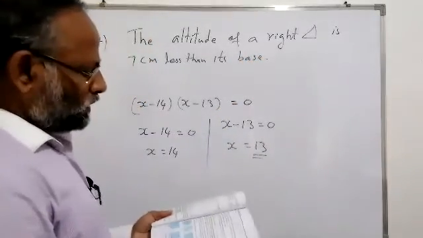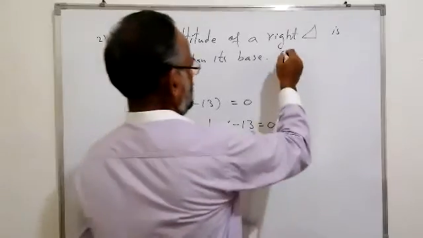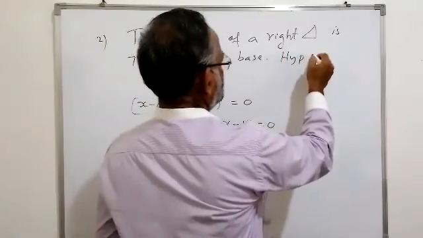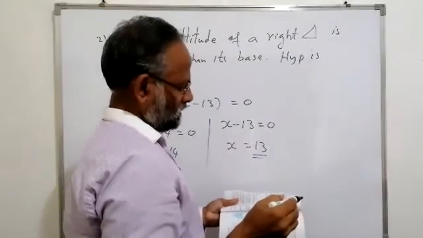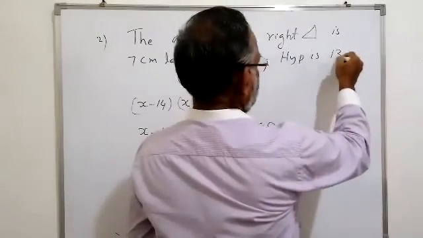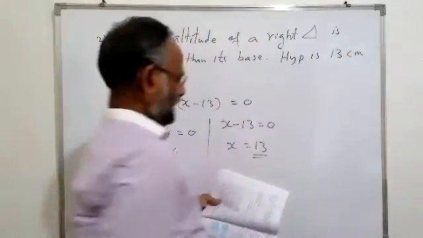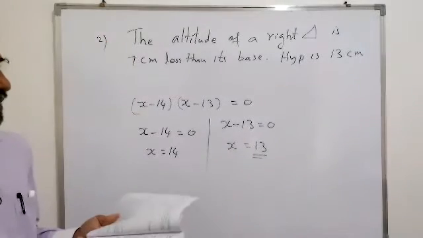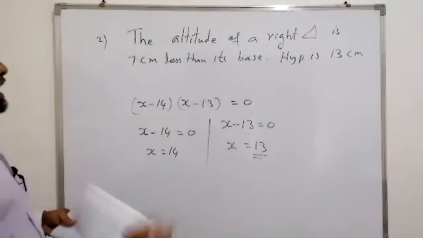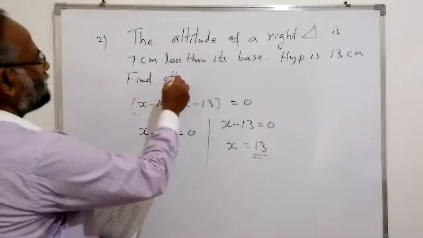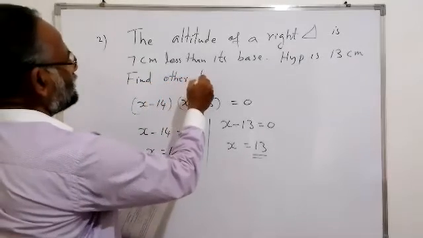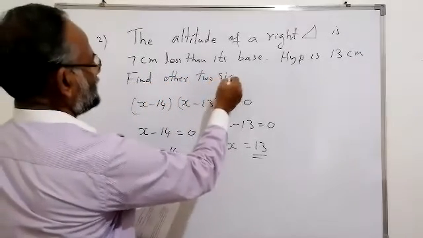If the hypotenuse is 13 centimeter, not 30, 13, thirteen centimeter. Find the other two sides.